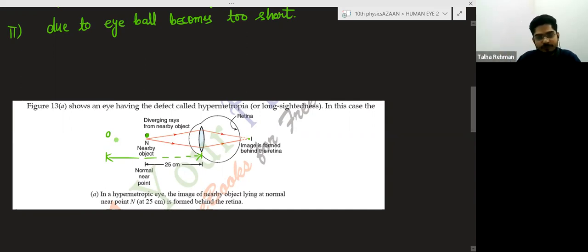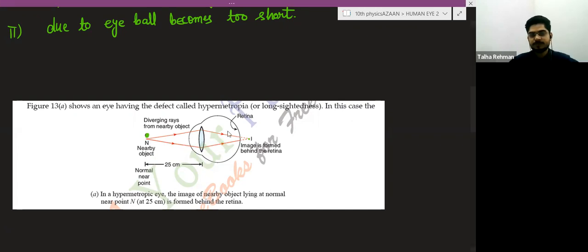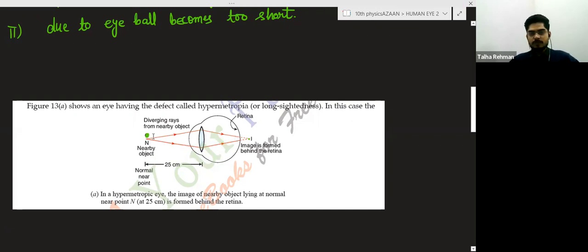So where will the image form? The image will form like this. If the object is at the near point, the image will form behind the retina. And from the nearby object, what type of rays do we get? Diverging rays.